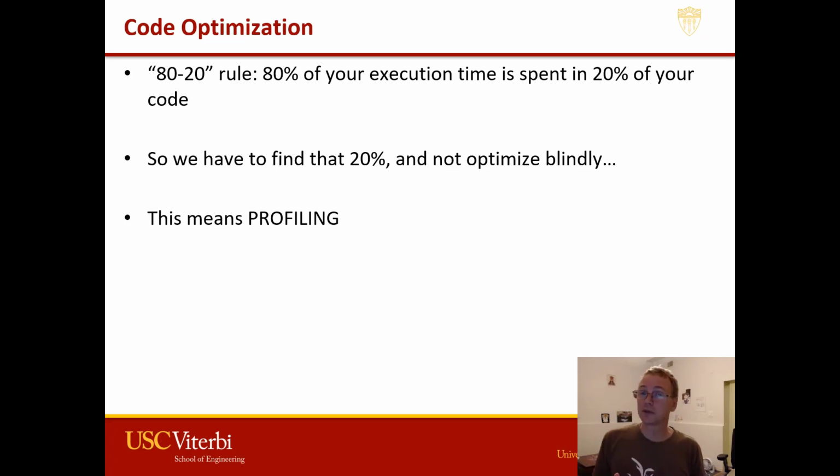Something that seems like it's likely to be a real bottleneck may turn out to not be the issue at all. So I always advise, approach this scientifically, find out precisely where the slow parts are, and then use your time wisely working on that area first. Now, how do we find out what the slow parts are? That is what profiling is.